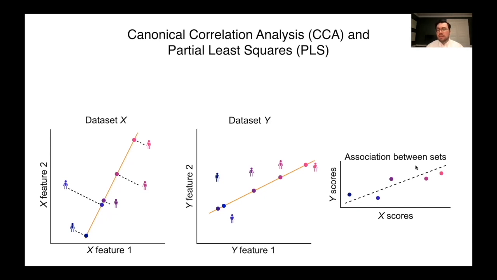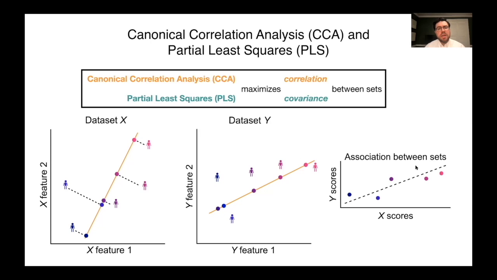We're maximizing, say, brain and behavior association, and then we can go and inspect and learn what the properties of those weight matrices, weight vectors are. So the key distinction between CCA and PLS is that CCA is maximizing the correlation between these sets X and Y, whereas partial least squares, PLS, is maximizing the covariance. And therefore, these are very related methods, although they would give rise to distinct weight vectors and scores due to the different objective that they are maximizing.